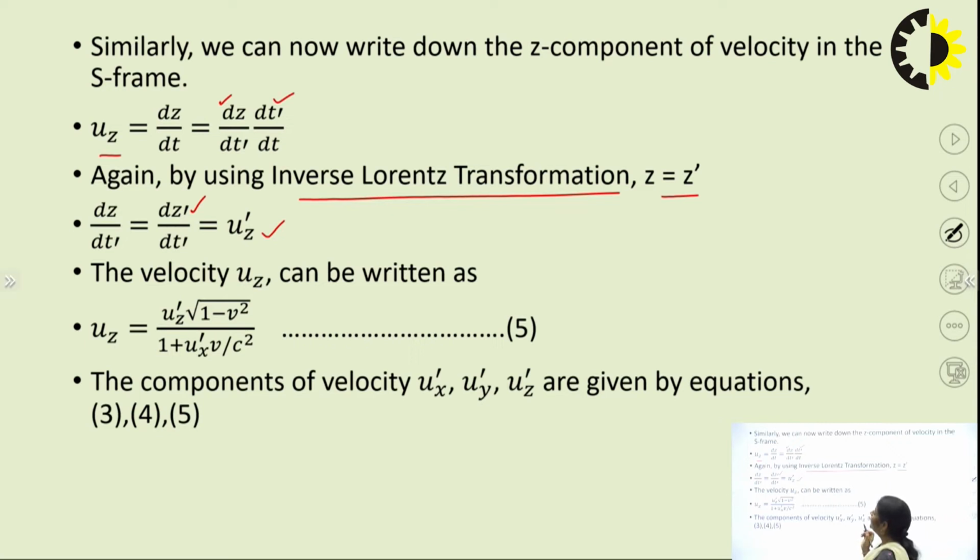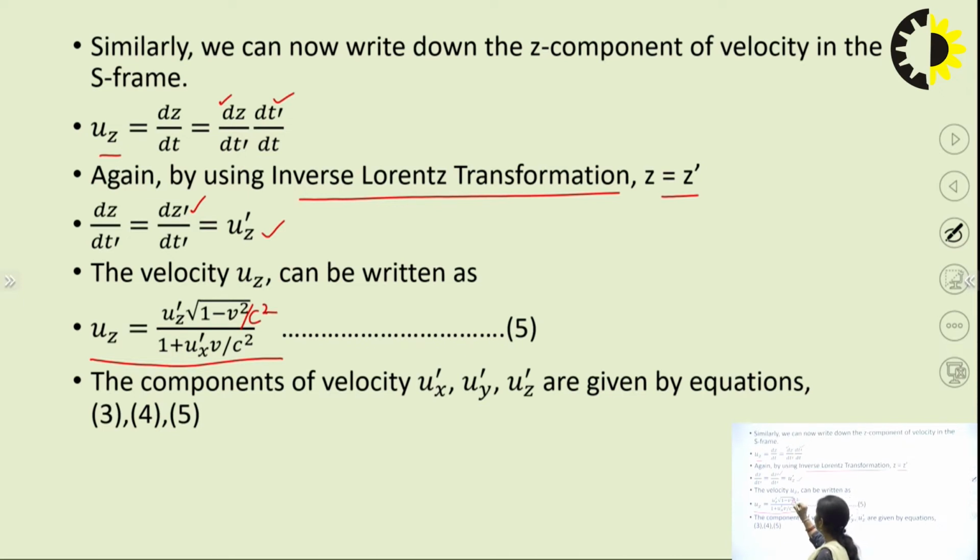Now, with the help of all the values, that means this value uz dash and the value of dt dash by dt, we write down the z component of velocity for the S frame. And when we write it down, uz equals uz dash times square root of 1 minus v square by c square, upon 1 plus ux dash v by c square.